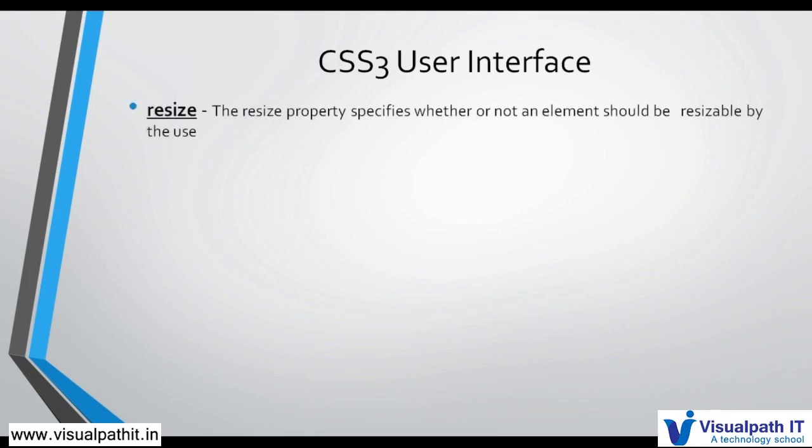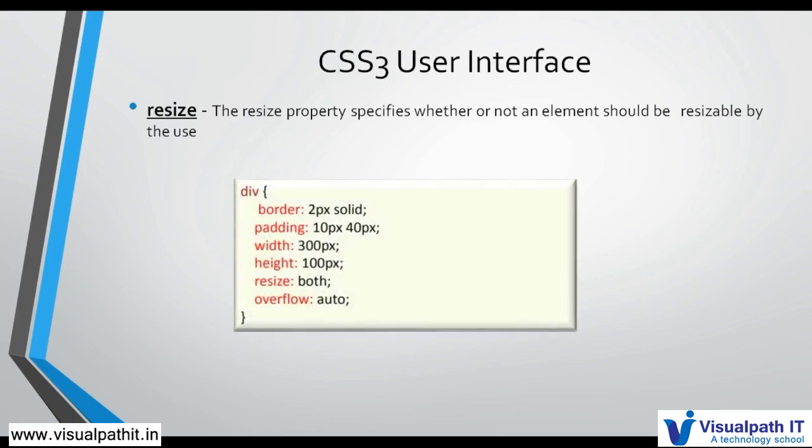Resizing. This resizing property specifies whether or not an element should be resizable by the user. Example, you can see the border, padding, width, height, resizing from both sides and the overflow.